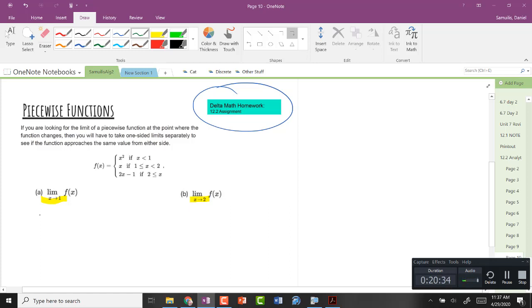So the left end behavior limit would be the limit of this function as x approaches 1 from the left, which means you're using the x squared function, because the left side of 1 is the smaller than 1 numbers. So we're going to plug 1 into that function.